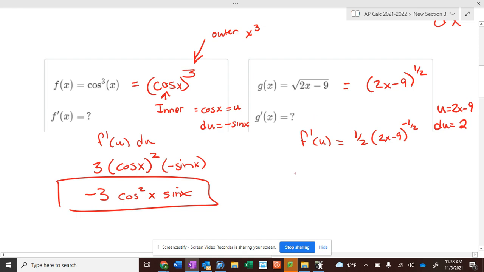So then our final answer will be 1/2 times 2x minus 9 to the negative 1/2 times 2. Well, what's 2 times 1/2? They're going to cancel. It's 1. So it's really 1 over 2x minus 9 to the 1/2, or 1 over the square root of 2x minus 9.